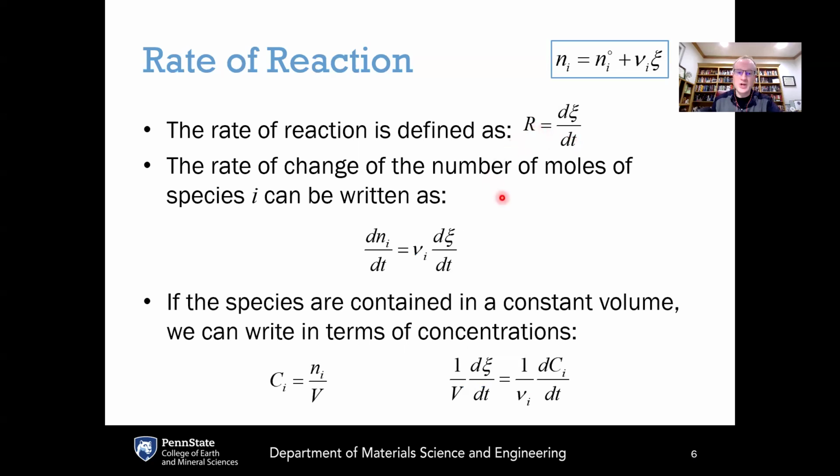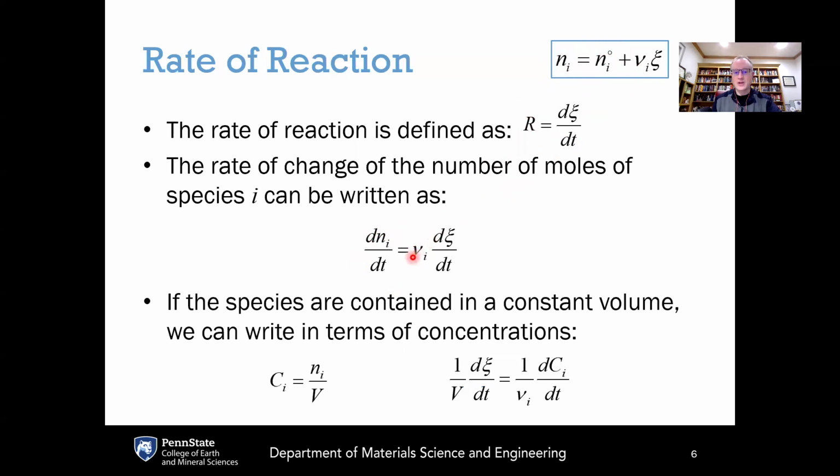So the rate of change of the number of moles of species i, therefore, can be written as, if we just take the time derivative of both sides of that equation in the upper right, then we've got the time derivative of the number of moles n sub i. The initial amount here is a constant, so when we take the derivative of that, that goes away.